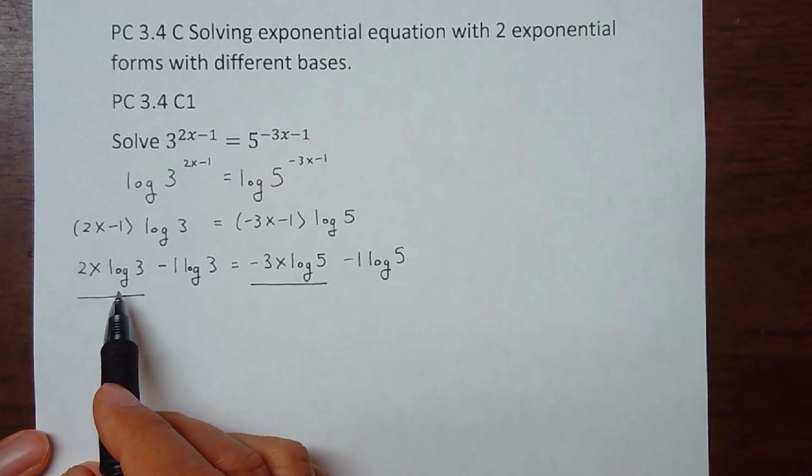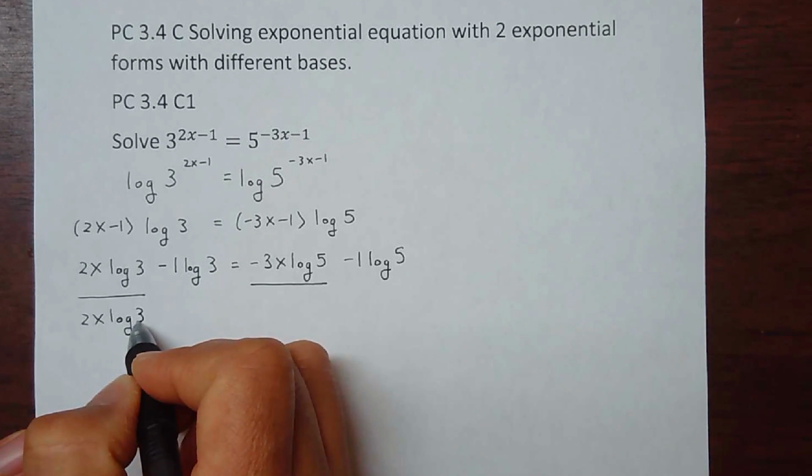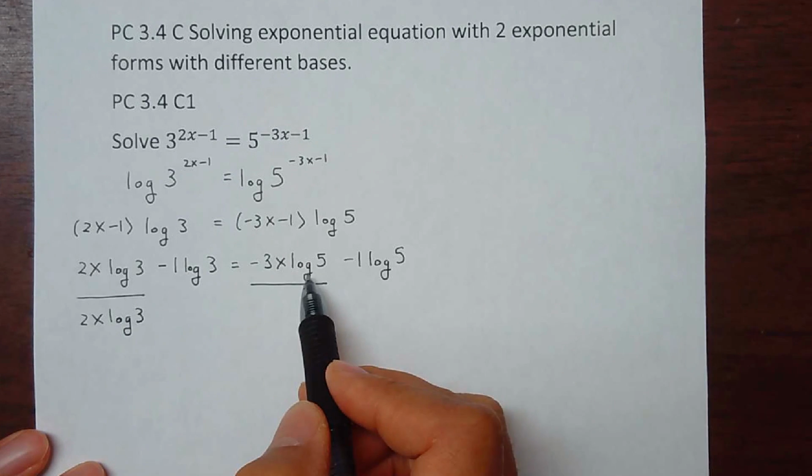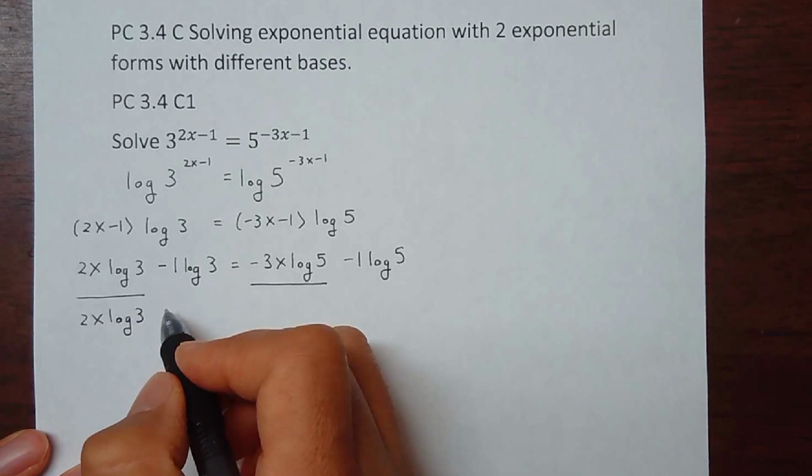I want all the terms with x on the left hand side. This one is on the left hand side already. This term has x, so I want it to be on the left, so I'm going to add 3x log 5 to both sides.